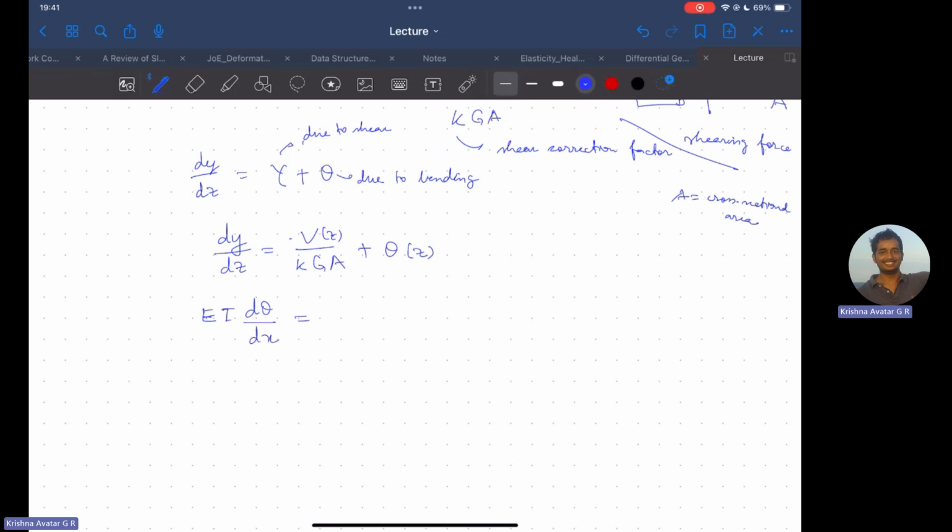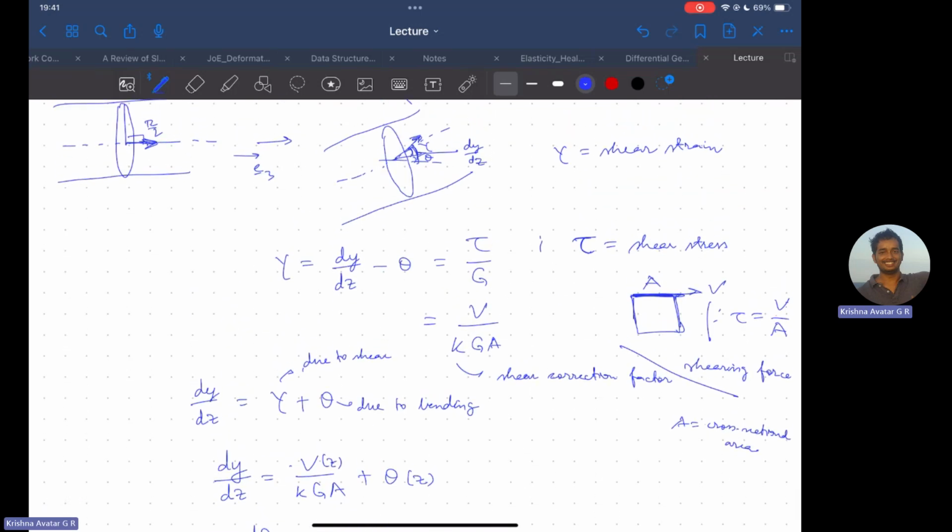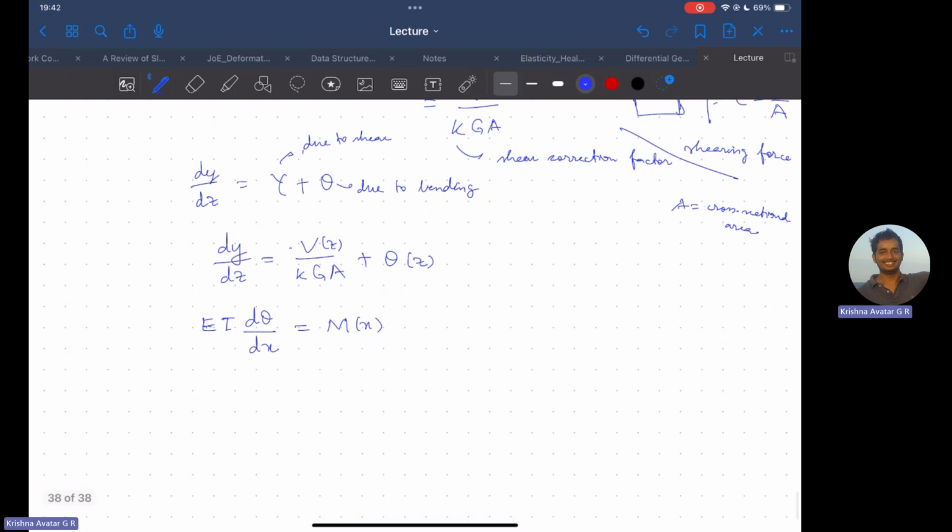Theta is the angle made by the normal to the cross section with respect to the z-axis. We are looking at the turning rate of the cross section due to the application of the bending moment. So this is what we have.